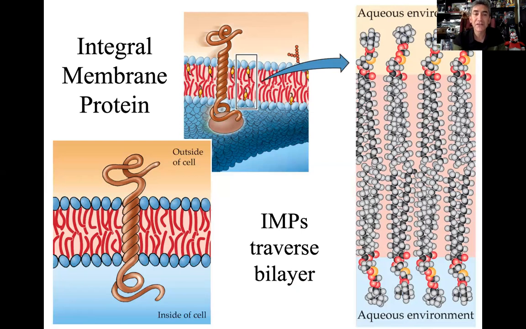We're going to call these integral membrane proteins, or maybe IMPs. Integral membrane proteins will traverse perpendicular here, or I should say they're parallel to the fatty acid tails. So they're the whole length or width of that membrane there. So IMPs traverse the bilayer, and they're going to be scattered throughout the entire sort of membrane.